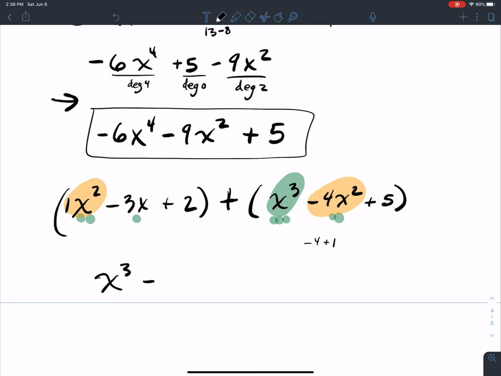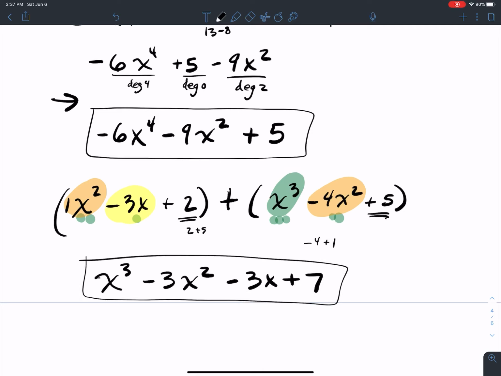So that's negative 3x squared. Okay, do I have any x's? Yeah, I got an x here. I got no x's over there, so that's a negative 3x. And then constants, I have a 2 and I have a 5. That makes positive 7. So this is as simplified as we can get.